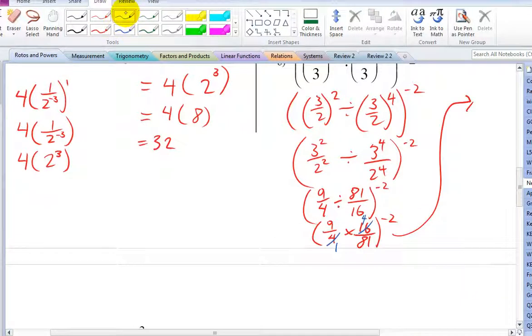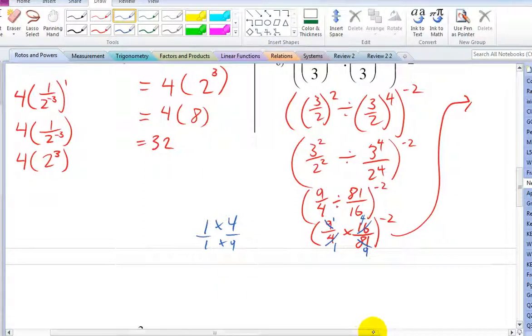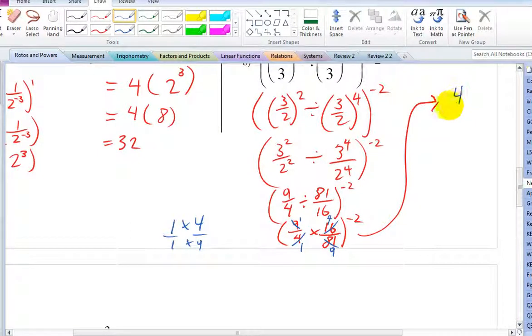Okay, so you want to cancel out the 16 and the 4, divide them both by the same number, or GCF. 9 and 81, what's the GCF? 9. So we're going to get 1 and 9, divide them both by 9. And so now we have basically 1 times 4 and 1 times 9. That's what we have when we're multiplying fractions, so we cancel. So we're going to get 4 over 9 inside the brackets to the -2. Okay. Now you can work it out.